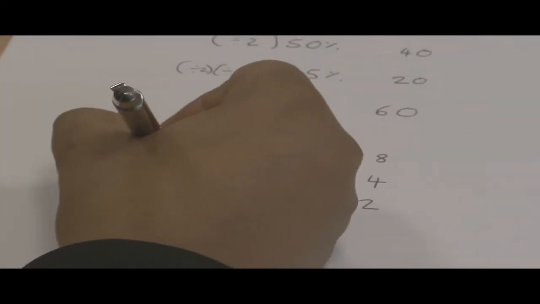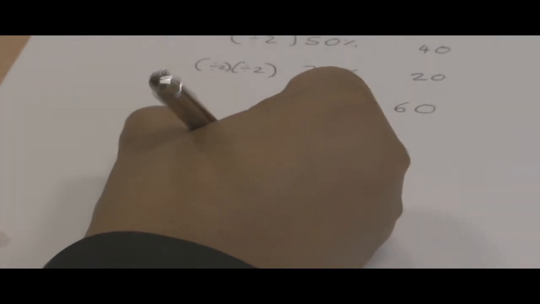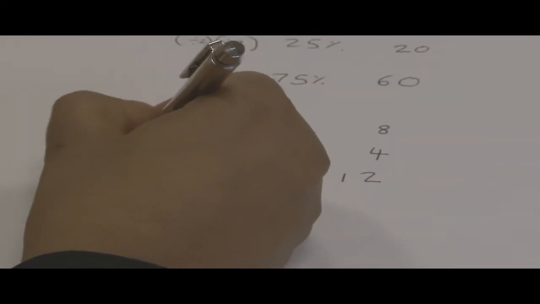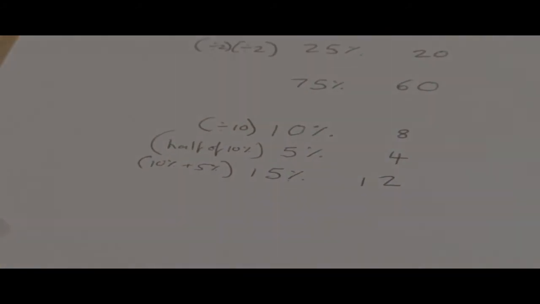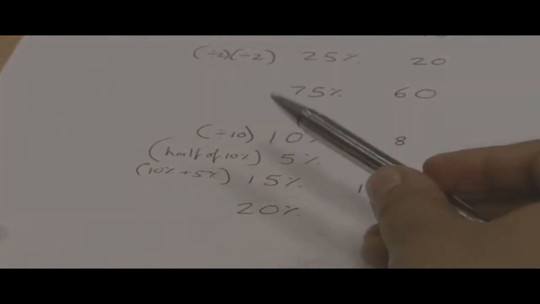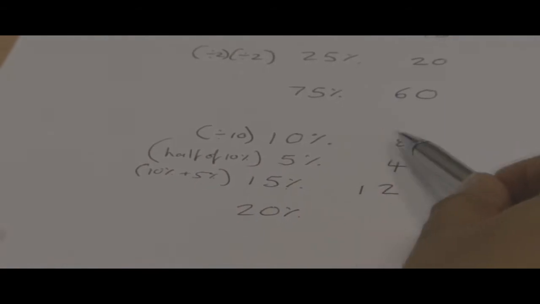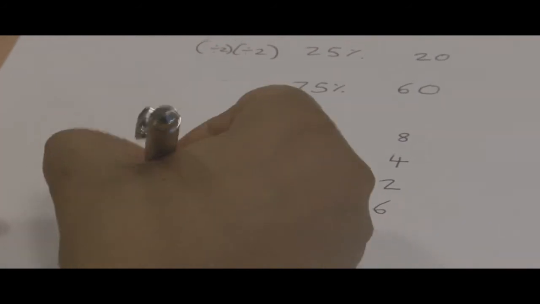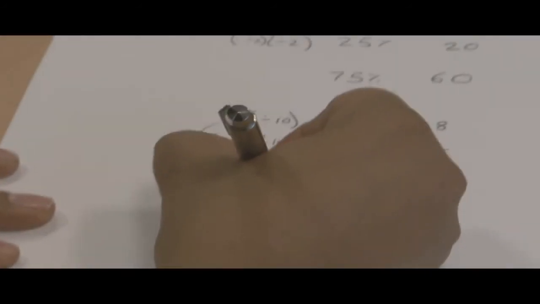So 5% was half of 10%. To get 15%, we add 10%, add 5%. Okay? If we're asked to find, say, 20%, well, we just have 2 lots of the 10% there. So 2 lots of 8 gives us 16. Okay? So 2 lots of 10%.